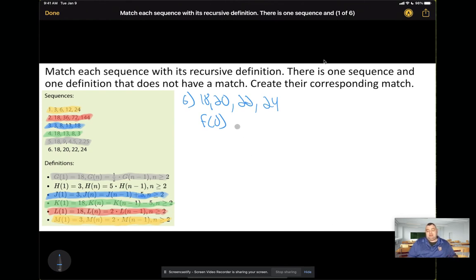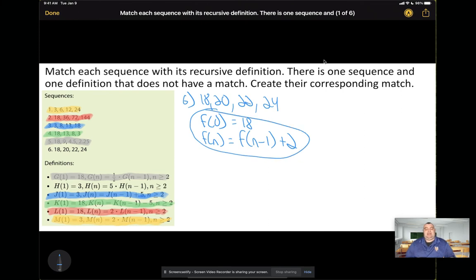I talked about in the very first lesson that very often we'll start with term 0 for the term number of a sequence, but sometimes they'll start at term 1, and that's what they did here. So f of 0 is 18, and f of n is f of n minus 1 plus 2. Each new term is equal to the previous term plus 2. So this is the match to number 6.